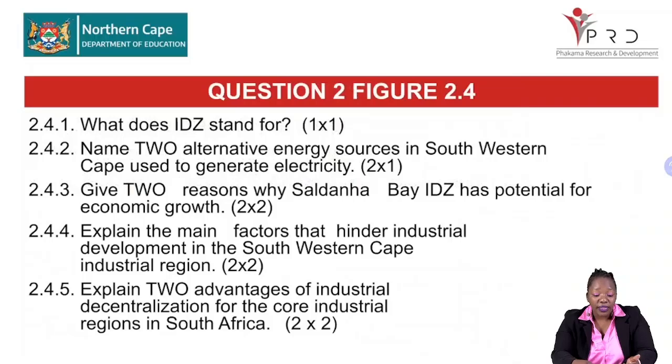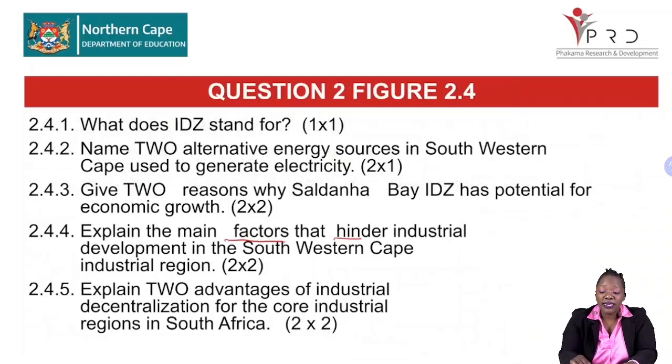And then number 4, you explain the main factors that hinder industrial development in Southwestern Cape Industrial Region. Again, you are naming the factors that hinder. Remember, there are factors that favor as well as the factors that hinder. And they did not tell you about the answers.